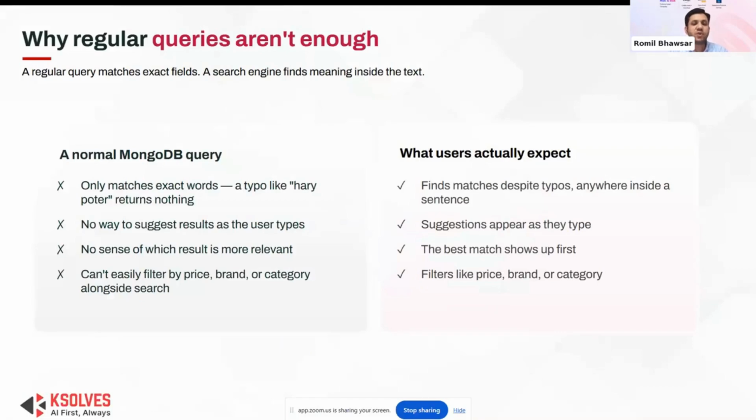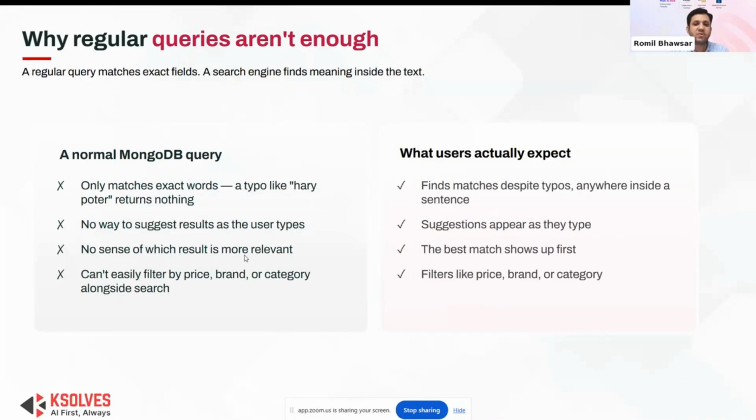Let's understand why we need to have additional search engines, why we cannot use regular MongoDB queries. Actually, MongoDB regular queries use B-tree indexes. That is perfect for exact match, sorting and ranges, but it has no ability to search the text inside the sentence, handle typos, or provide suggestions.